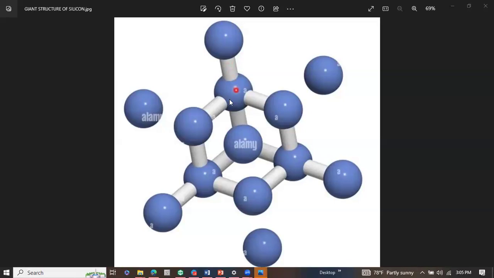That's 1 bond, 2, 3, 4. 4 others in a tetrahedral arrangement.